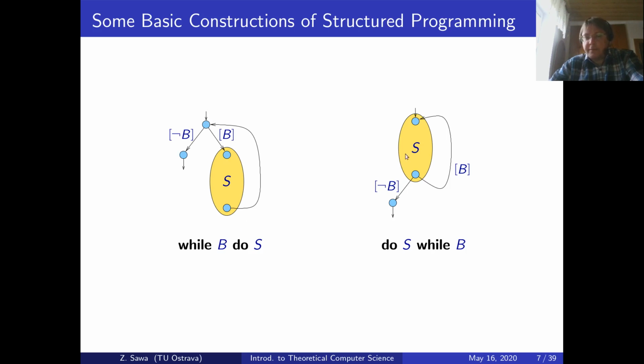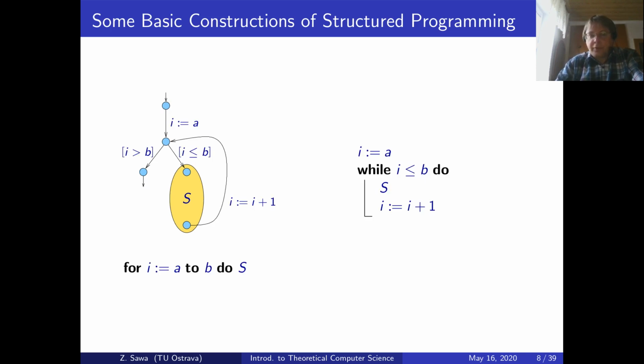In this kind of cycle, statement S is performed at least once. At the beginning it's performed, and then condition B is evaluated, and if it's true, we go back to the beginning, and otherwise we go out of the loop. So these were examples of loops.